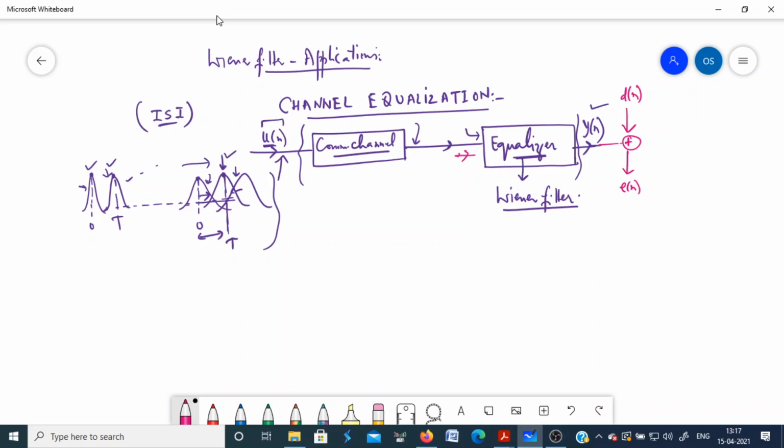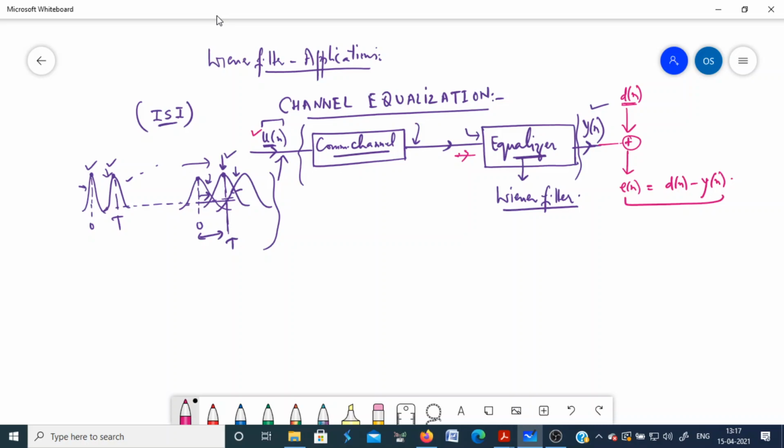Now when you minimize this mean square error, which is the difference between dn and yn, how do we supply this desired response dn? It is basically an exact replica of the input sequence that you are applying to this channel.